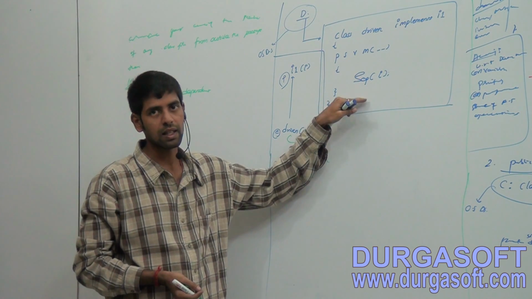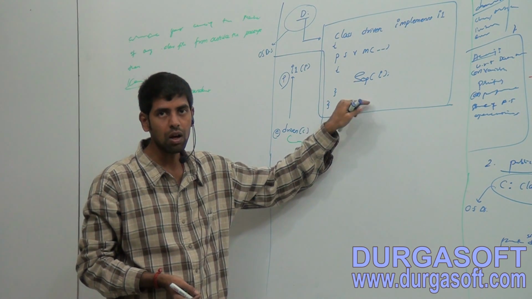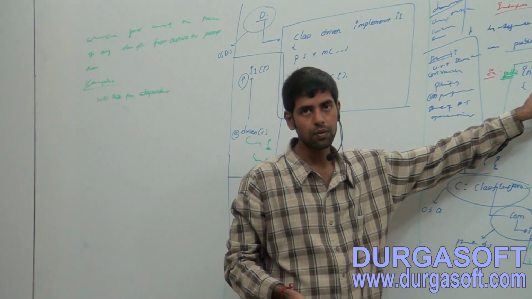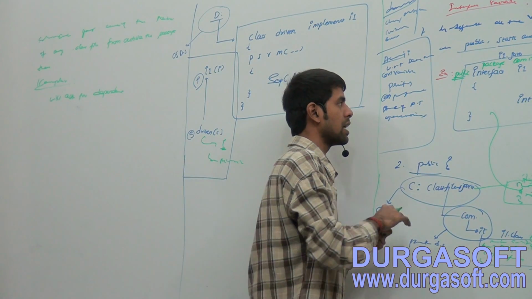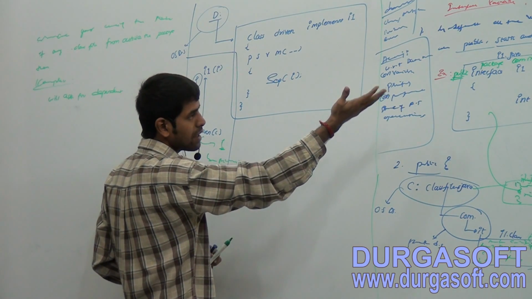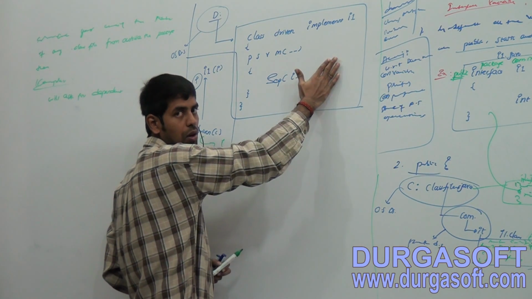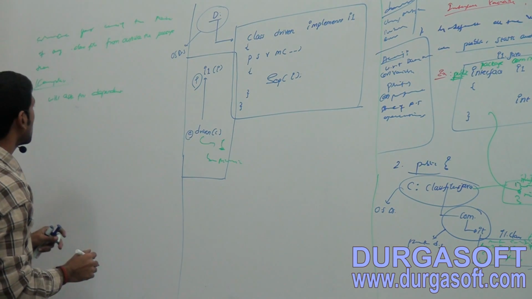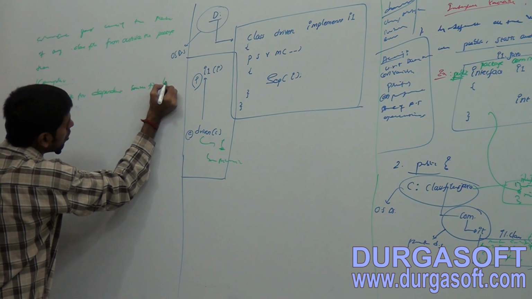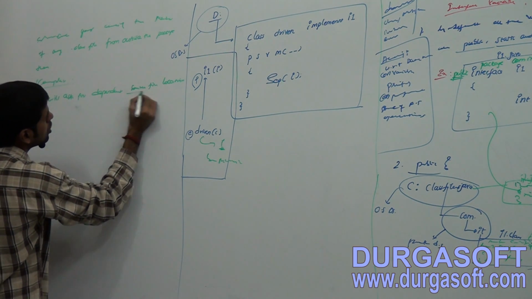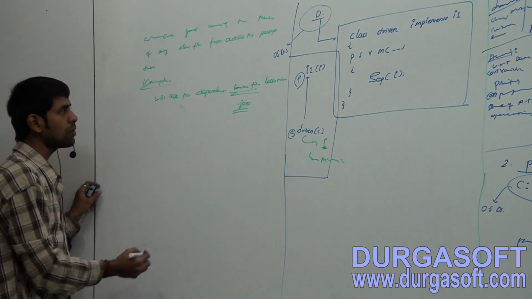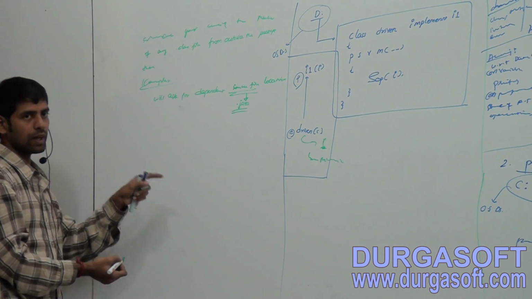This code has a dependency on the I1 interface. This particular class called driven wants the I1 interface data. So the compiler will ask for the dependent source file location, that is, the .java file location.